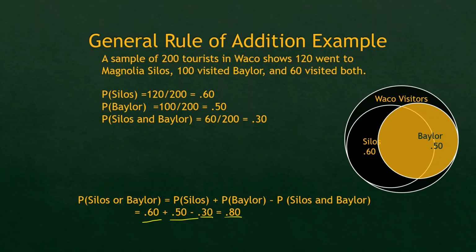So there's essentially 20% of individuals, or 0.2, is the probability of an individual not visiting the silos or Baylor. Okay.